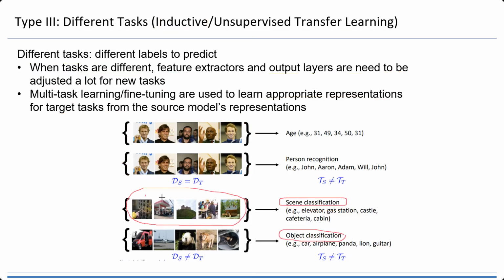So the scene is about an elevator, a gas station, or maybe a castle, cafeteria, or cabin. And the other task is about object classification. So I want to know whether it is a car, an airplane, a panda, a lion, a guitar, etc. So the task is different.